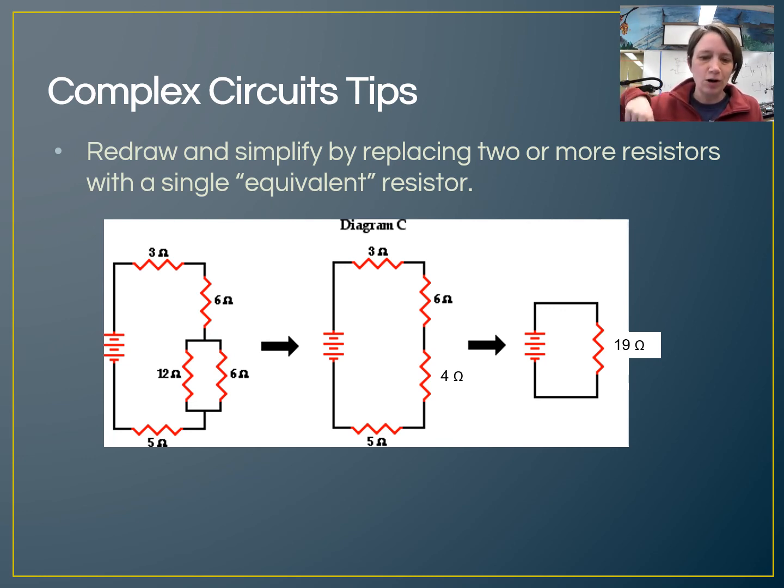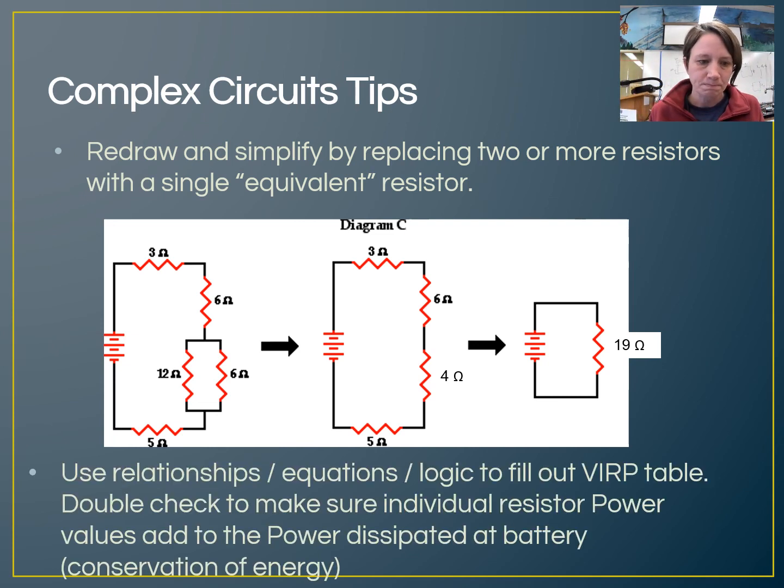That gets me 2 variables over there. Usually you know your battery value and then you got your total resistance. And so now we can start getting current and voltage and we can start working our way back into the more complicated circuit. So you just want to use relationships, equations, logic, all of the tools that you have to try to fill out the rest of the VIRP table.